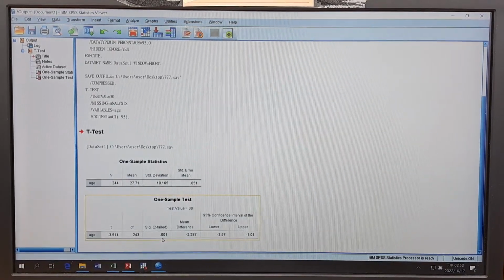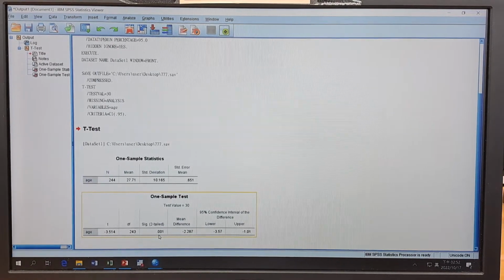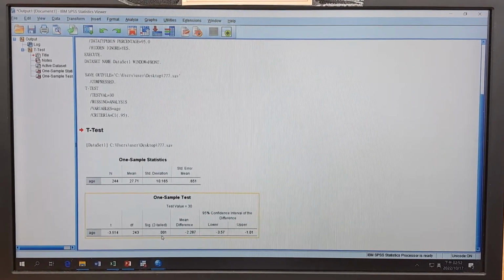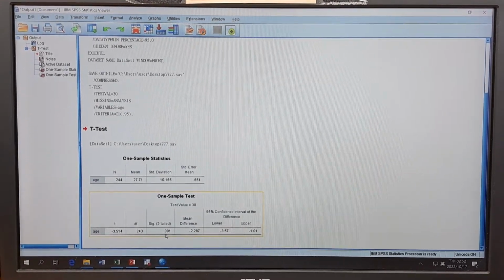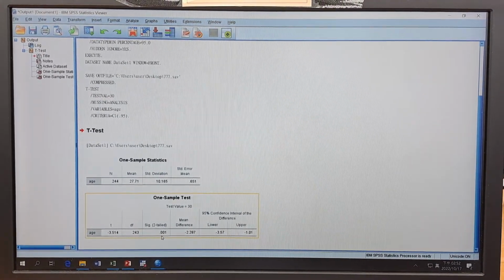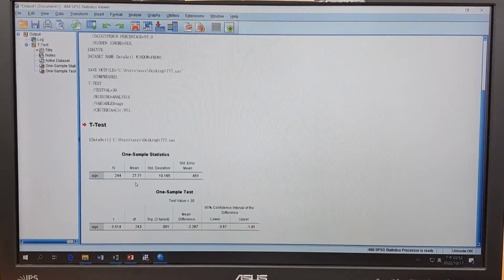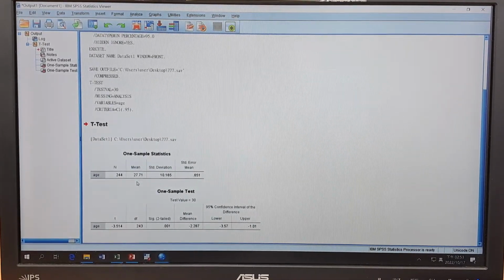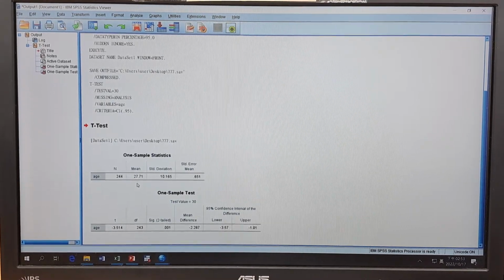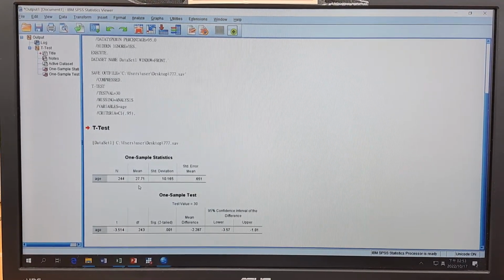Hold on a second. You say not equal to 30, but you do not tell me whether the number is greater than 30 or smaller than 30. So we need to check the mean score. What is the mean score? 27.71.